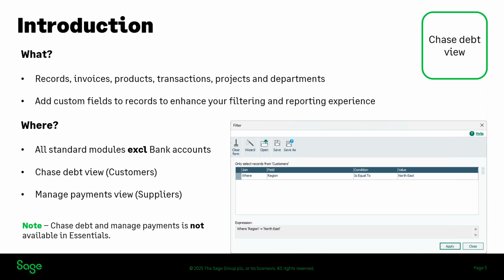Now, these two options are not available if you have the Essentials variant of the software. I'm not going to go into detail on these two options. We have just done a session on the Chase Debt View. I have included a link in the top right of your handout if you want to check that out individually, but I will very briefly show you in the demonstration. So what I'll do now is pop over to my software.